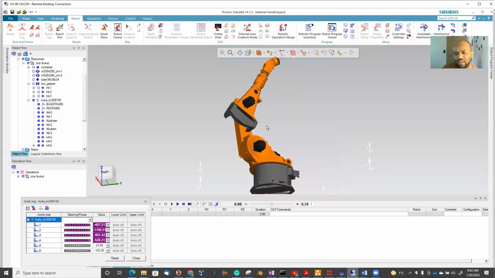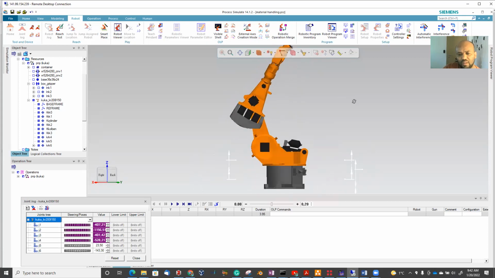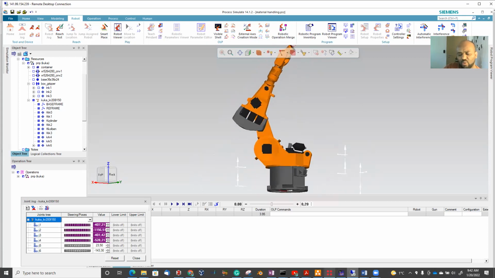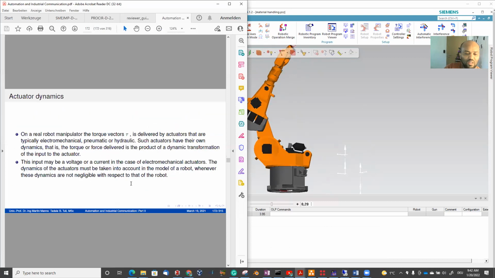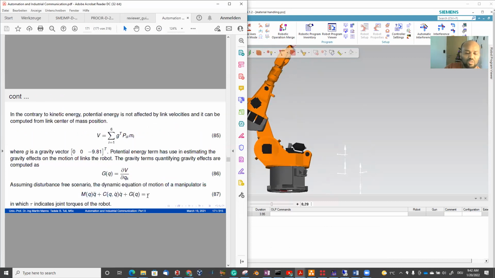You have to be able to write and discuss these things, but also the high level equations. I will not ask you for details like this, but I will ask you something like this: you have to be able to discuss this. What is this? What is mass?